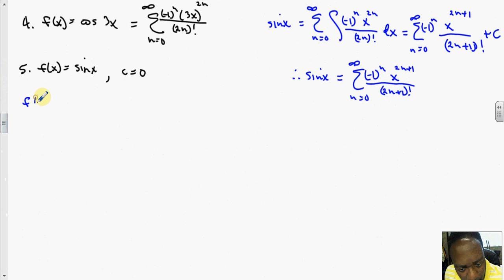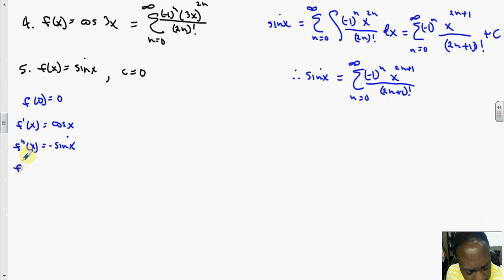So f of 0 is 0. F prime of x is cosine x. F double prime of x is negative sine x. F triple prime of x, negative cosine x. The fourth derivative at x is negative times negative, so we get sine x.